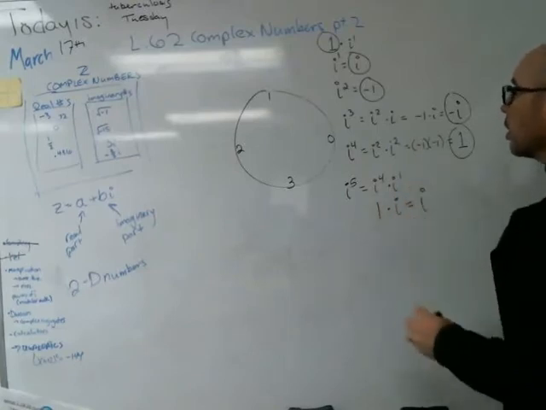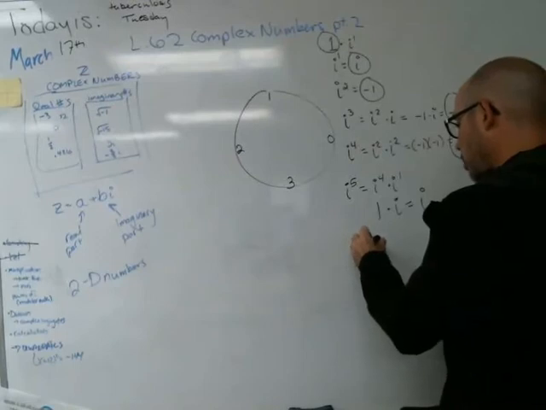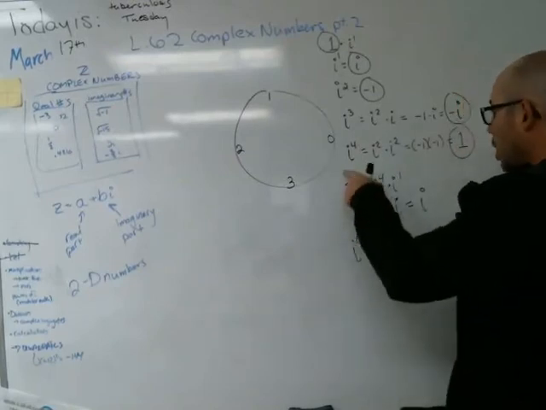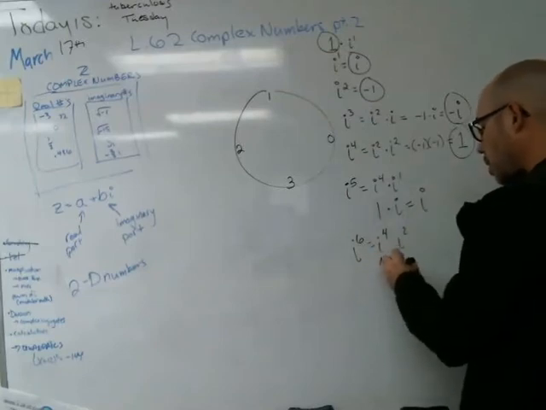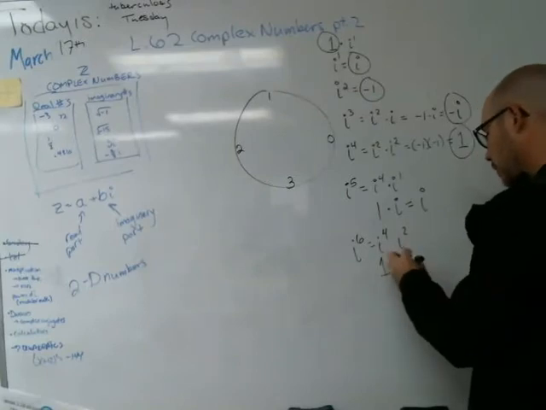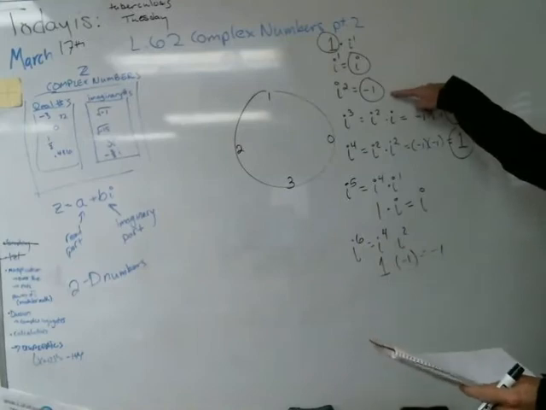So we're back there. i to the 6th would be i to the 4th times i squared. i to the 4th was 1, and i squared is negative 1. I'm just back to this spot right here.